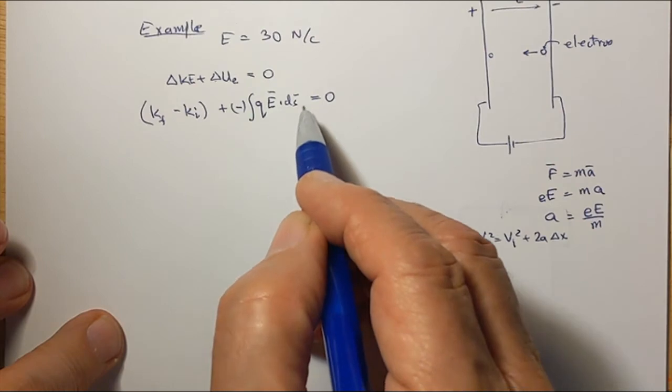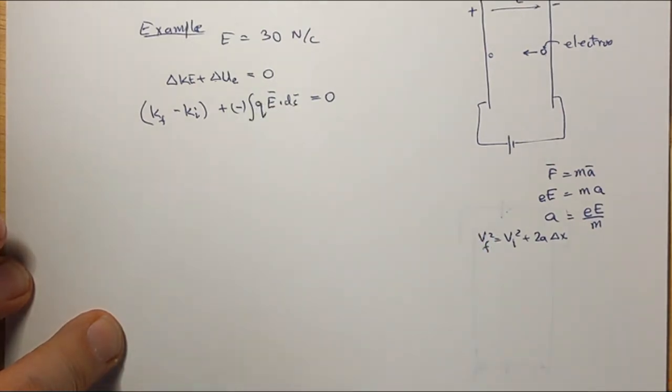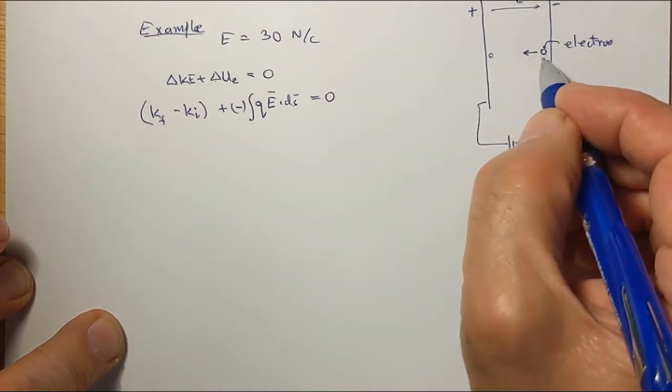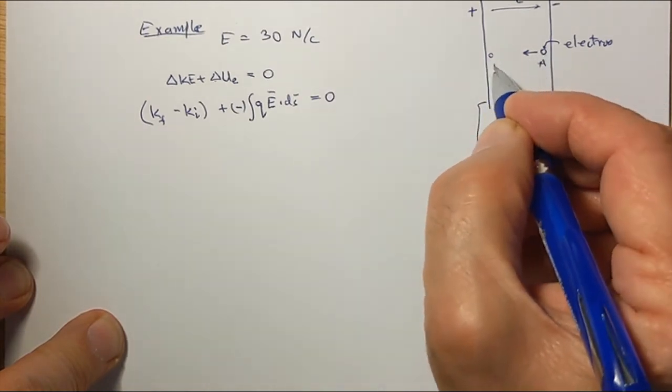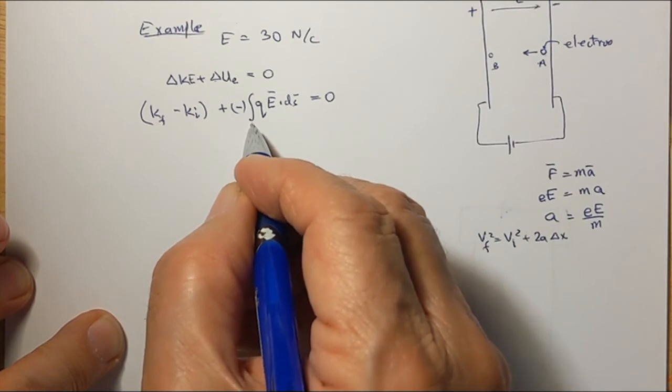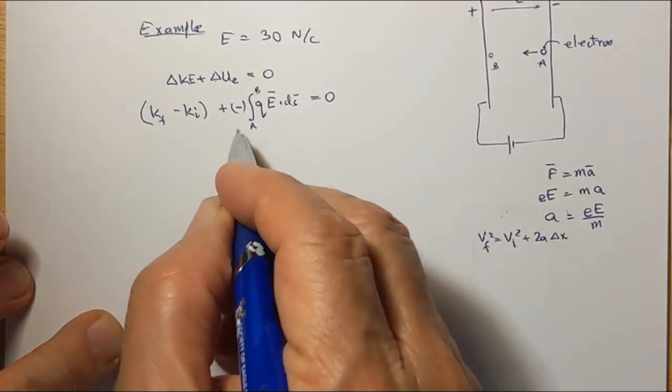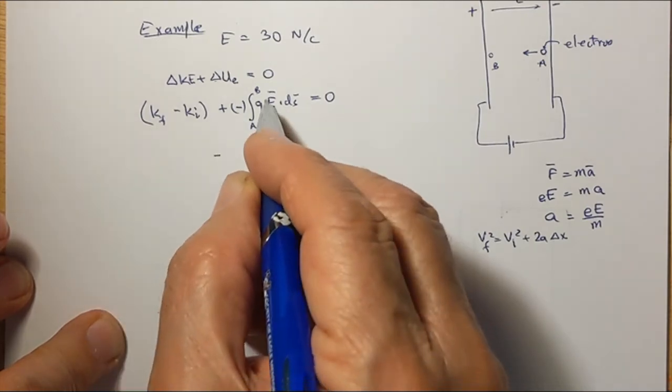Now let's solve this part separately and see what this gives us. If we're going from here to here, that's our point A and that's the point B, so we do that from A to B. Let's keep the negative here.